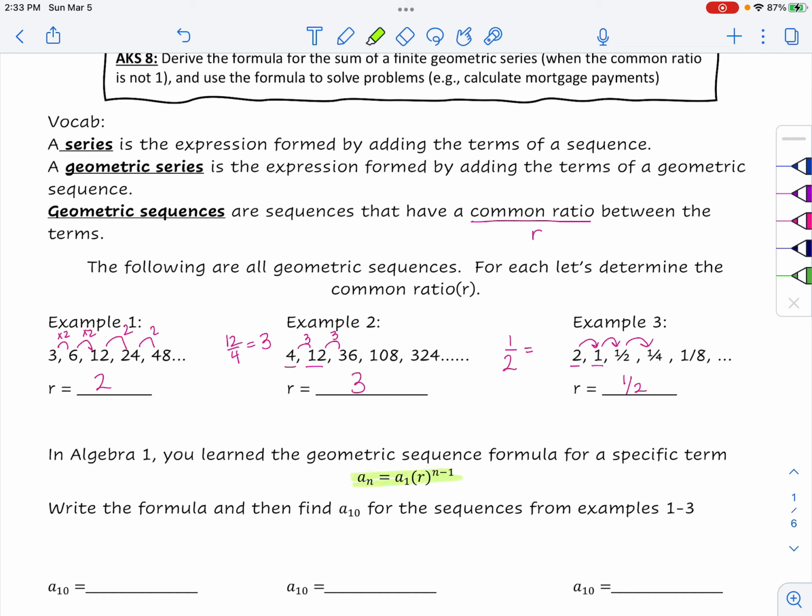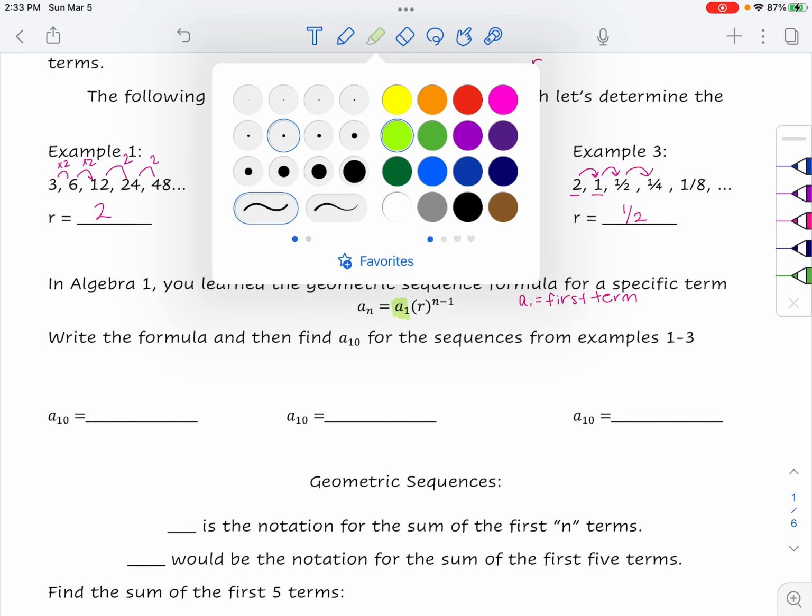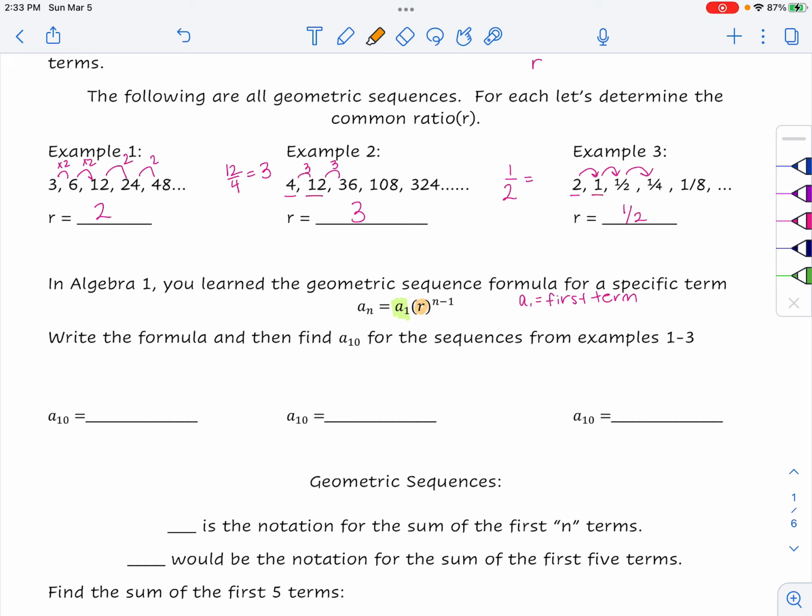So now in this formula, I want to highlight a few special pieces. A sub 1. A sub 1 is the first term. The next one, we just learned about R. We know that R is our common ratio.